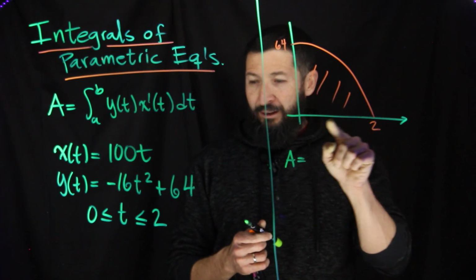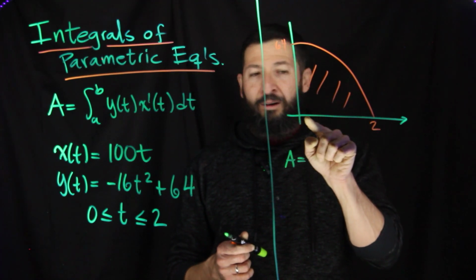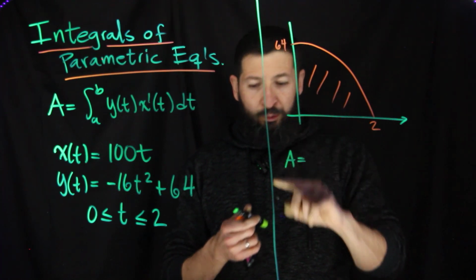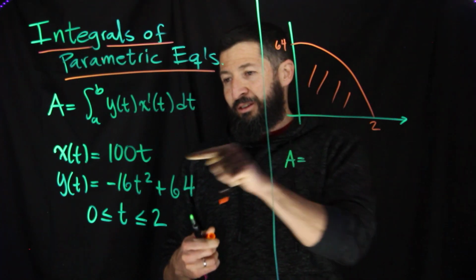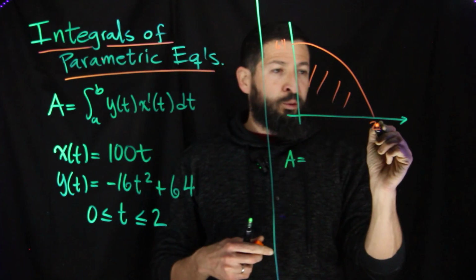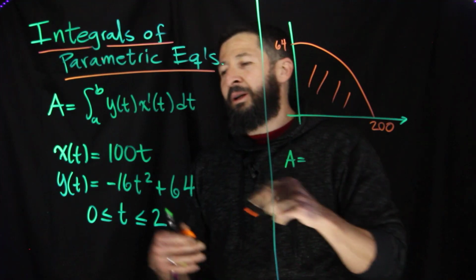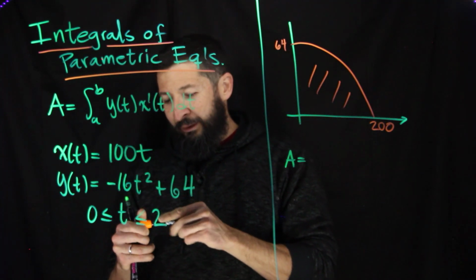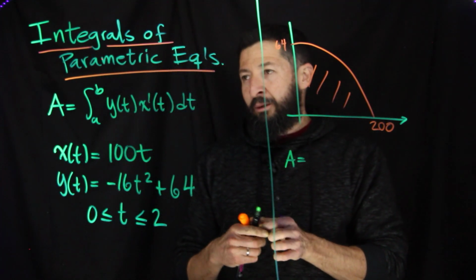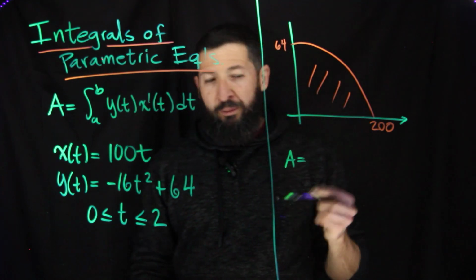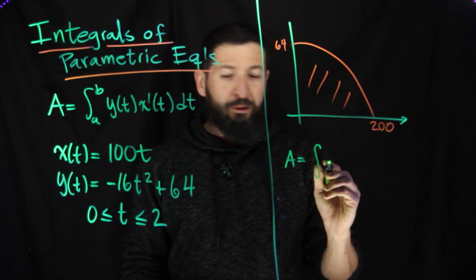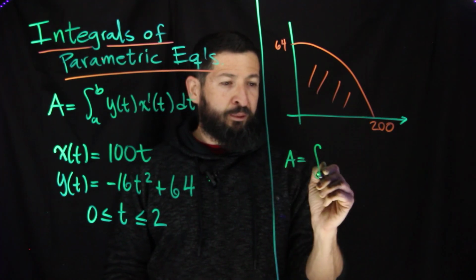The distance it travels here would actually be 200, because the x coordinate would go 200 feet. So you'd have to evaluate the linear integral from 0 to 200, and you would have to use the rectangular form. But we're going to do it with the parametric form, which is then I don't have to solve for anything. I just plug it in.